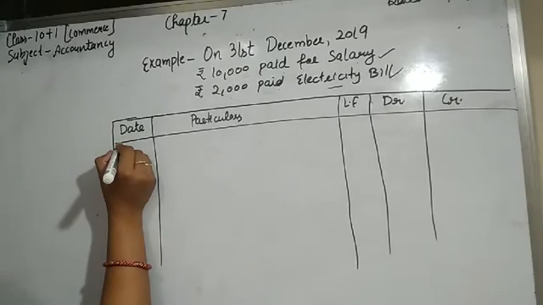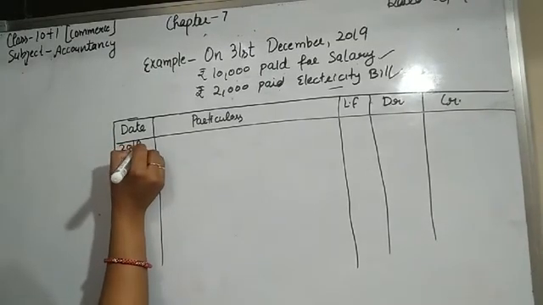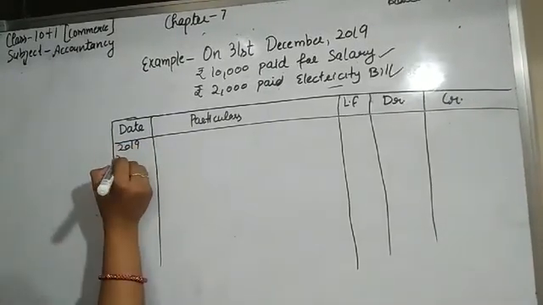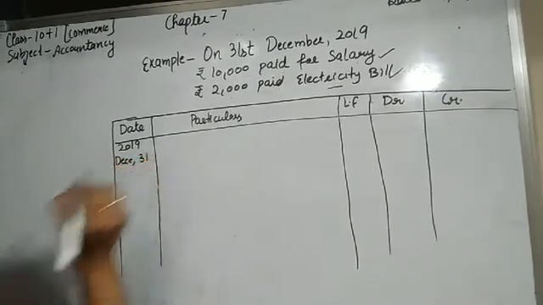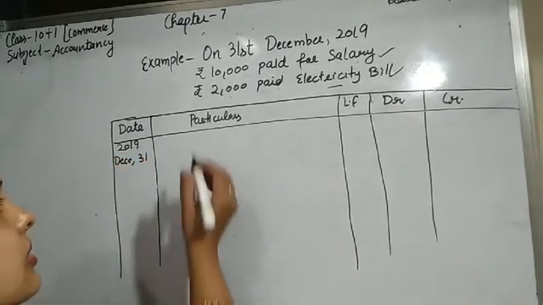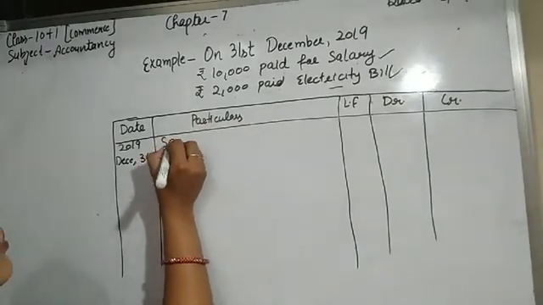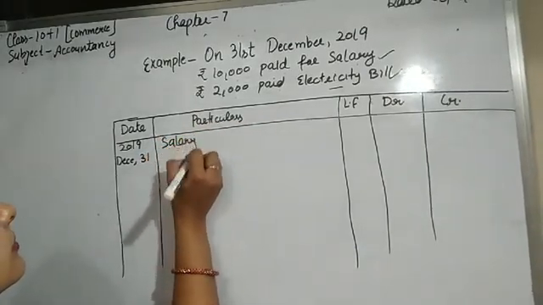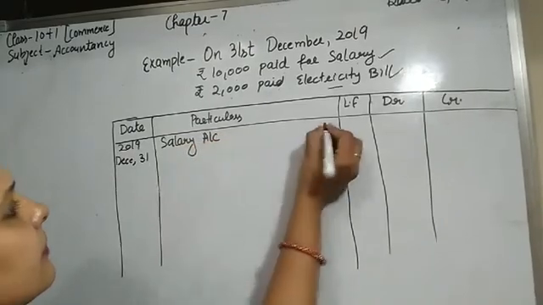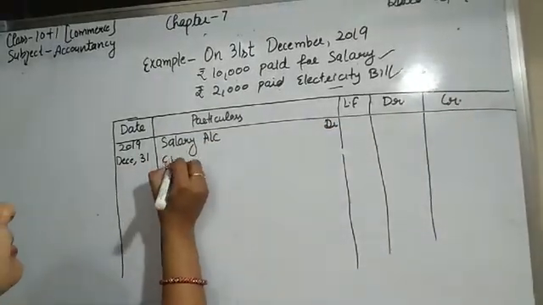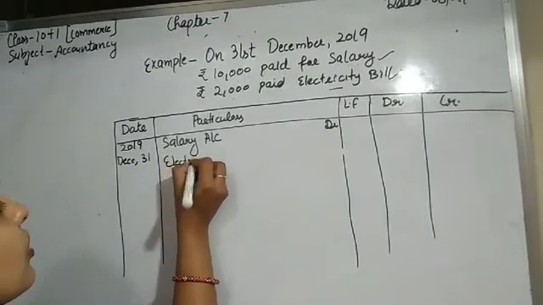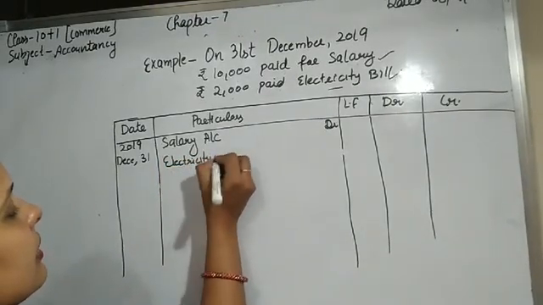First of all, we write the year 2019, the month December and the date 31st, and the entry is, students, salary account debit. Salary is an expense, all expenses should be debited. Electricity bill is paid, it is also an expense for the firm.